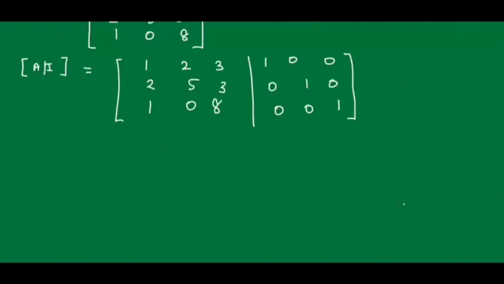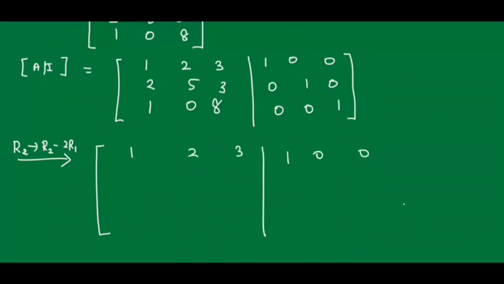So now I'm going to make the transformation R2 to R2 minus 2 times R1. R1 remains the same: 1, 2, 3, 1, 0, 0. Now we are going to multiply the first row with 2 and then subtract it from the second row.